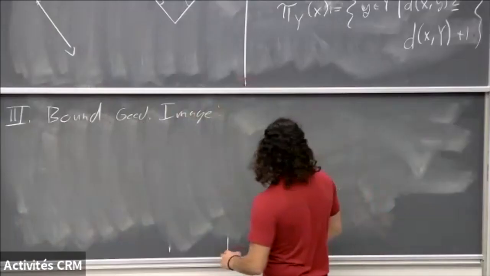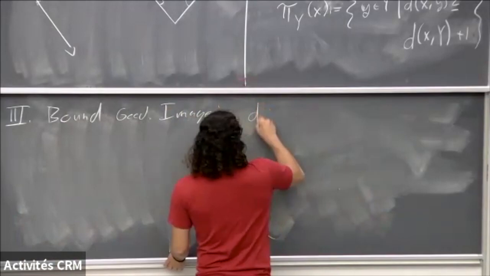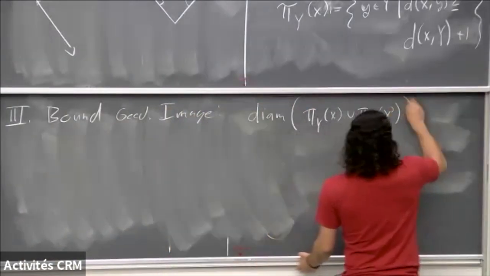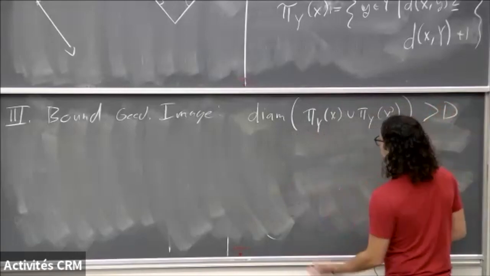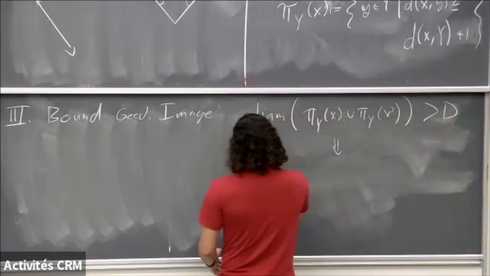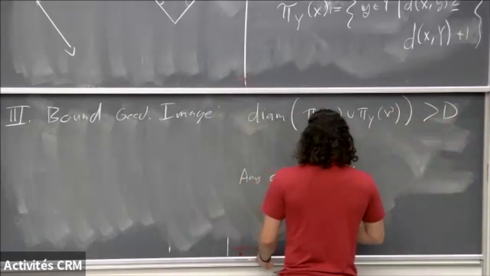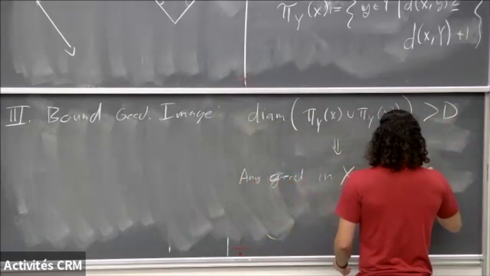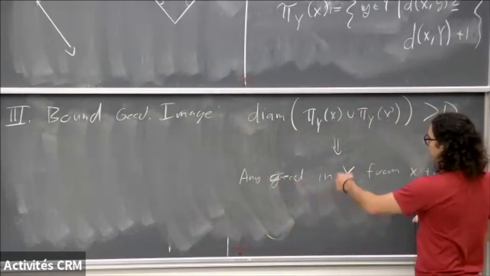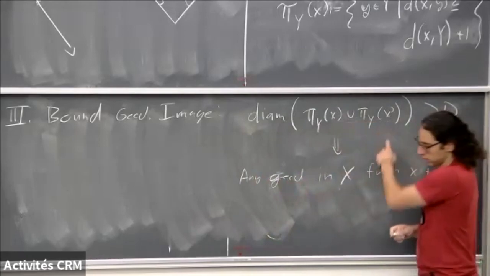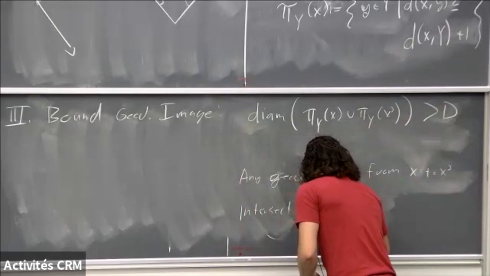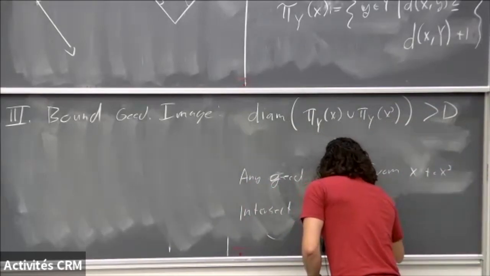It says that if the diameter of the projection of my two points is sufficiently bigger than this constant D, then any geodesic in X from little x to x prime is going to pass close to both of these projections. So it'll intersect the D neighborhoods of both of these projections.